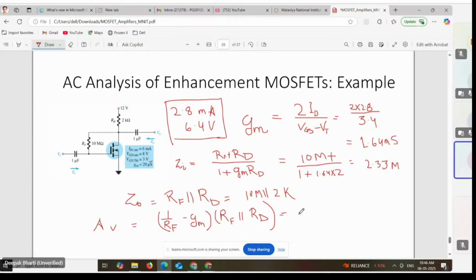So gain will be around minus 3. So this is how we can determine all the parameters, and this particular example shows application of both the AC analysis as well as DC analysis. So using the DC analysis we can find out the transconductance at the operating point, and using that GM in magnitude we can calculate the effective ZI, Z0 and the voltage gain of the amplifier.